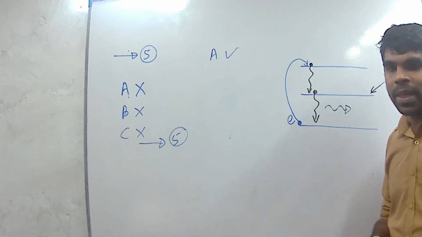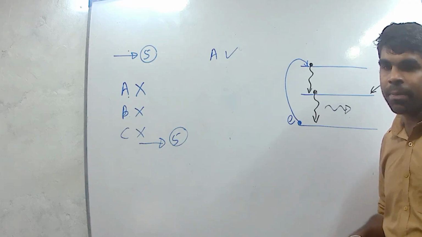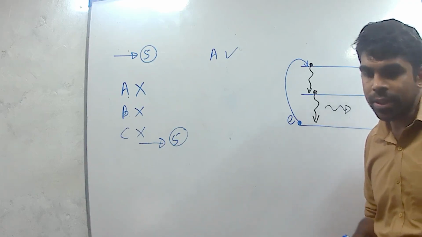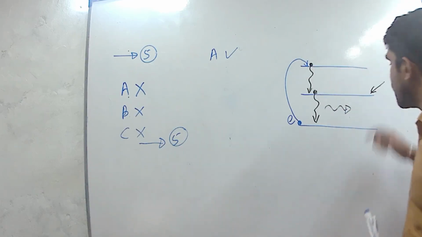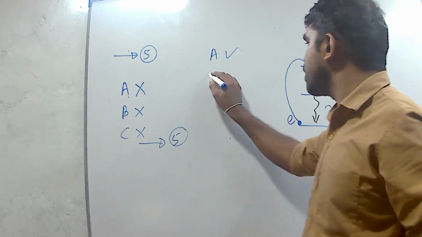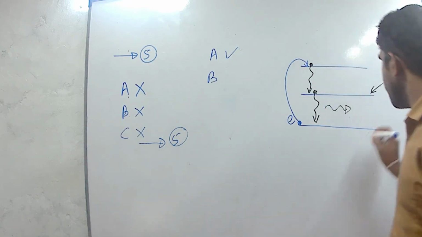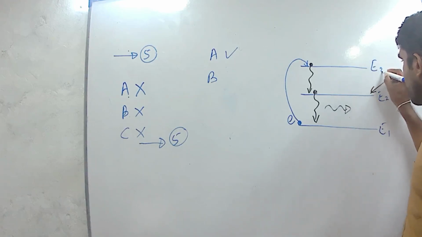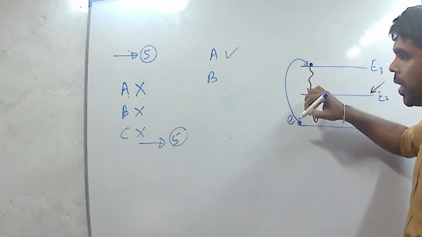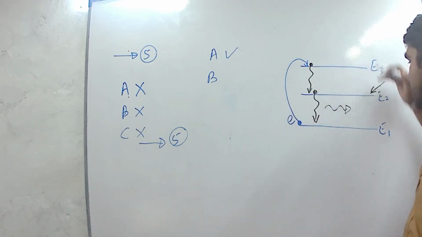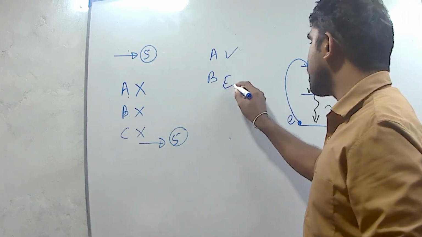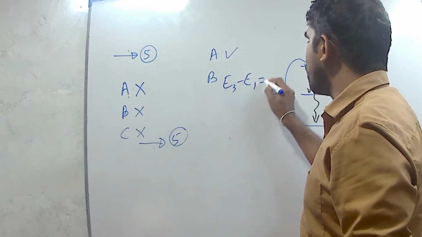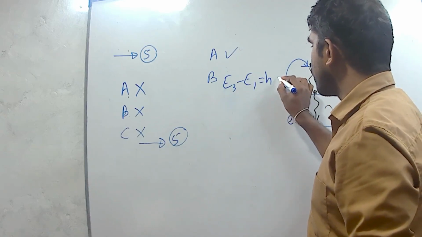Then B, the frequency of pumping action is E3 minus E2 divided by H. It is false. The pumping action is this one. The energy difference E3 minus E1 should equal HF.